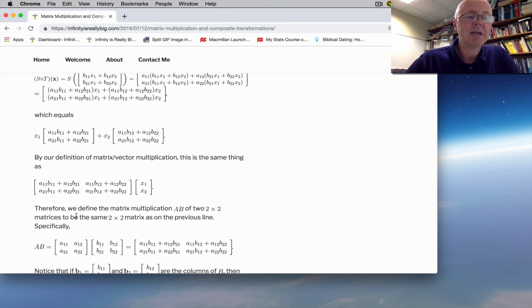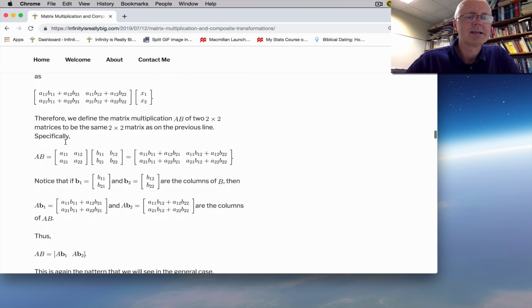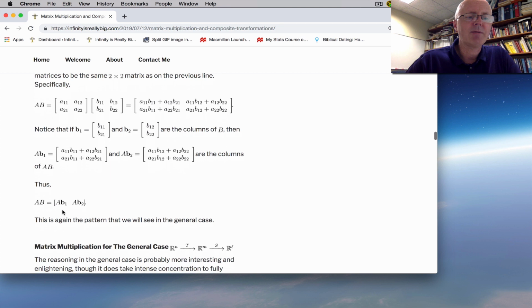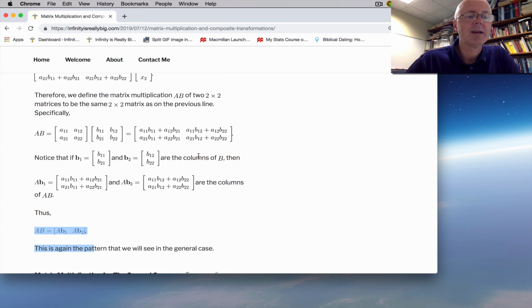So we want A times B to be this matrix here. Okay. And we follow the same pattern as before. Right here, we see that we do get what we want to get. Okay. A times B1 is this, A times B2 is this. Combine those two things in a matrix like this. That is what we want to get.